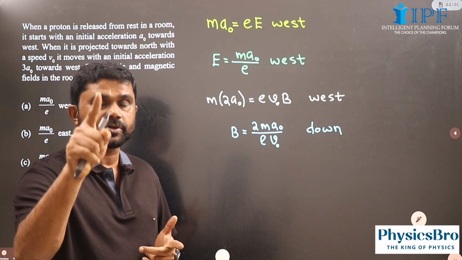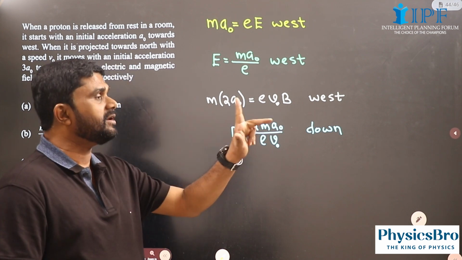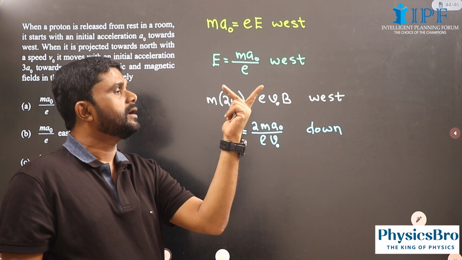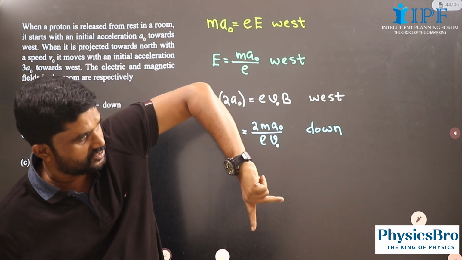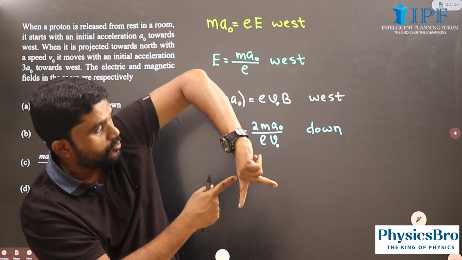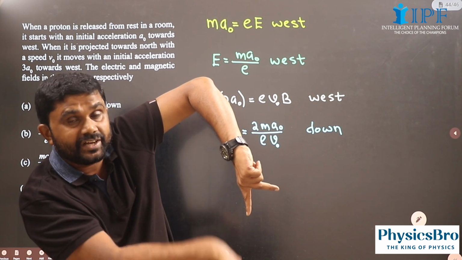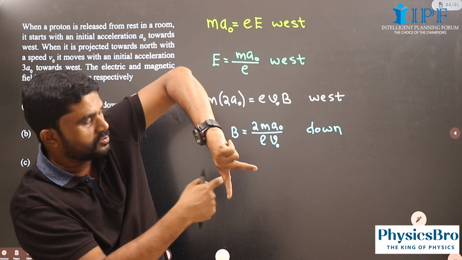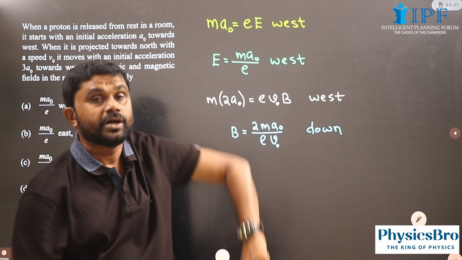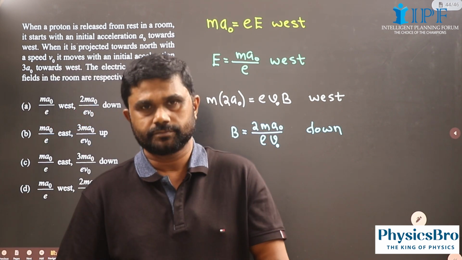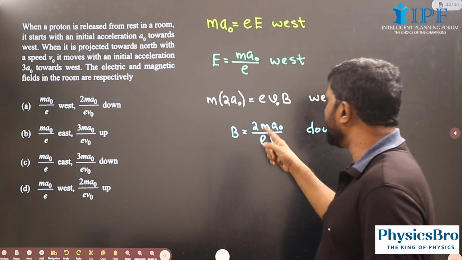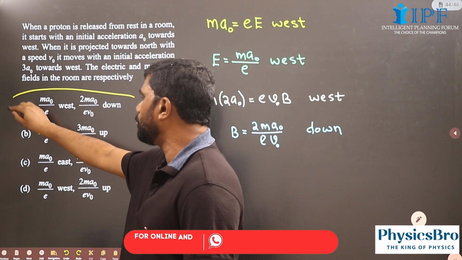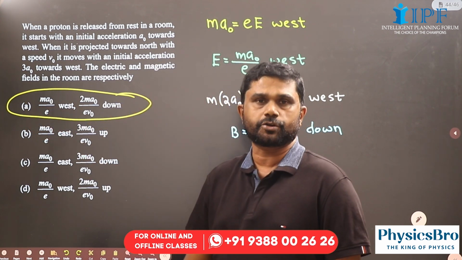As the particle is projected due north, current will be due north, and force is due west, so the magnetic field should be directed downwards. So it must be 2MA0 by EV0 down. So this must be the correct option.